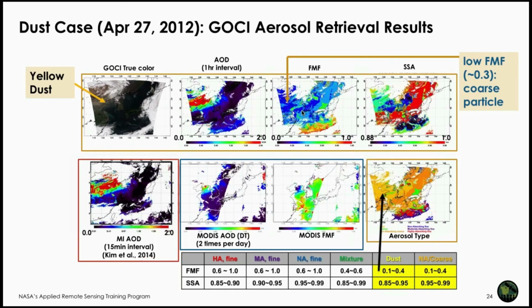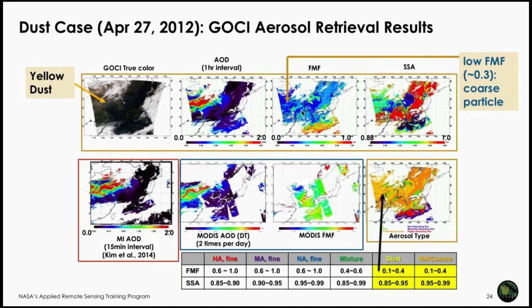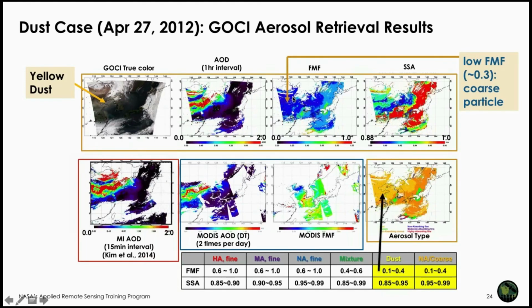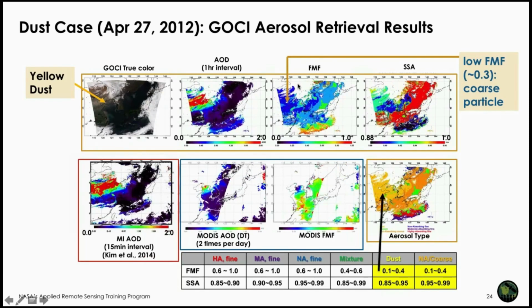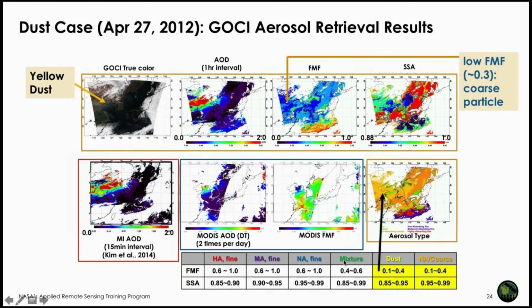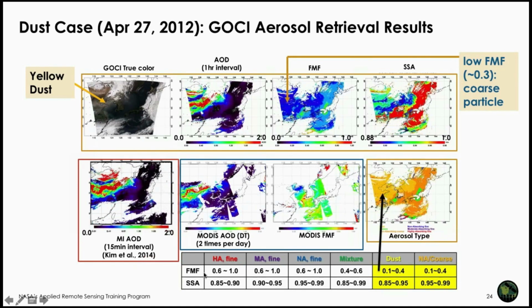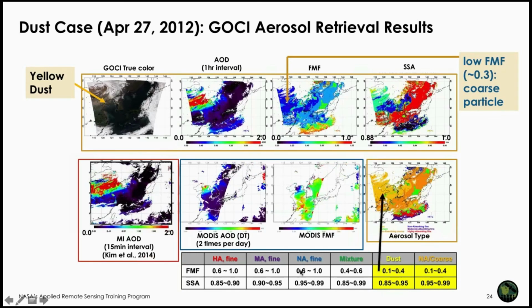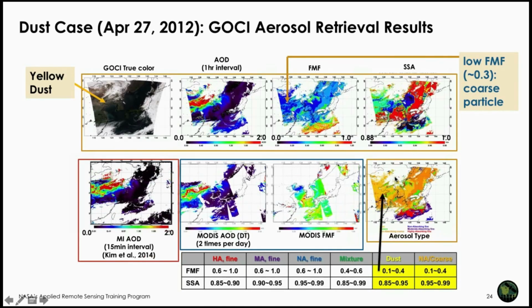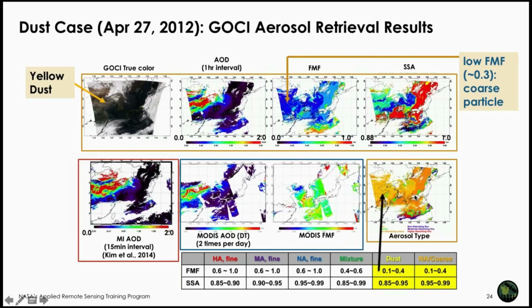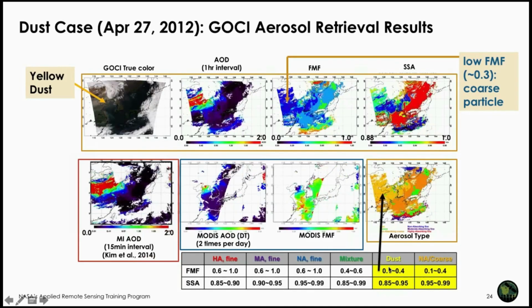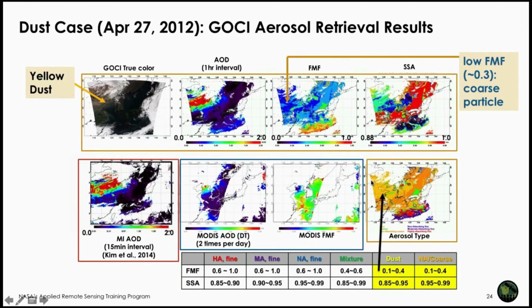It means that coarse particles are dominant, and we can see this low fine mode fraction as a blue color here. And according to the aerosol type classification based on fine mode fraction and single scattering albedo, we can see the aerosol particles are classified as dust over this area.